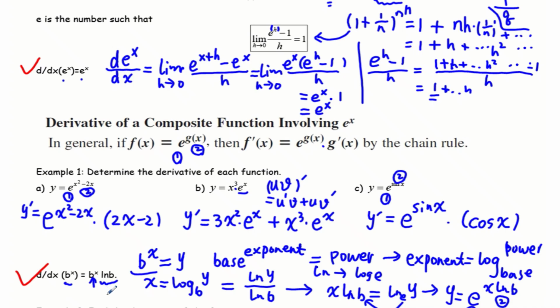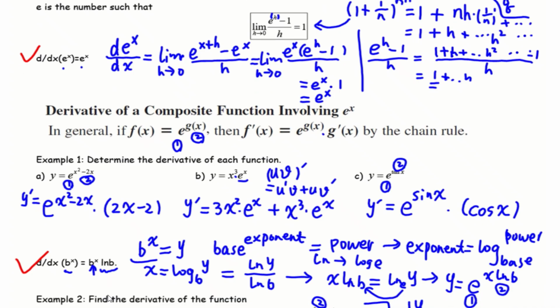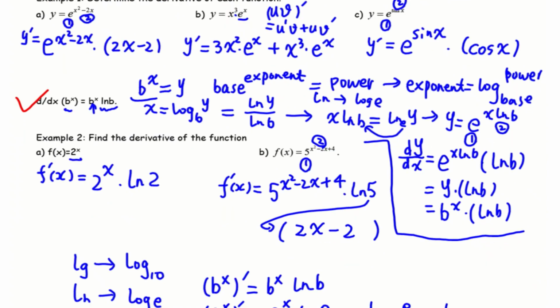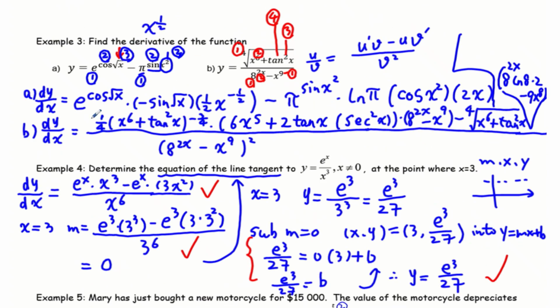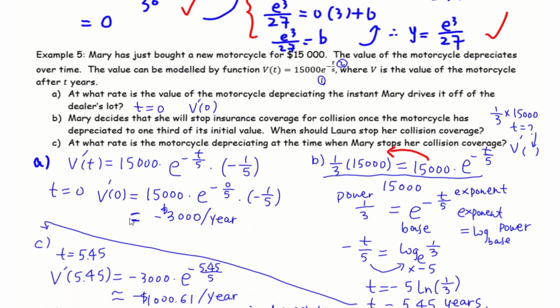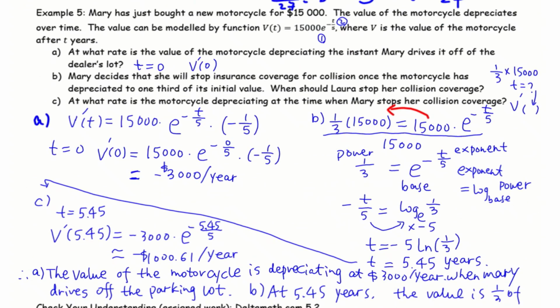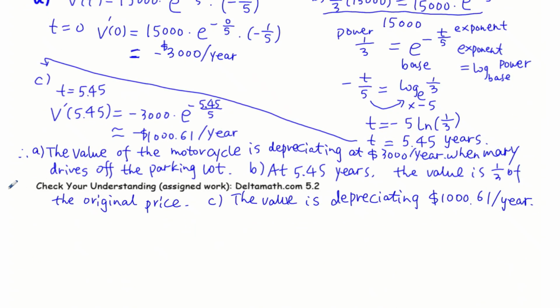Ln means log base e. After that, we used this derivative for exponential functions to find derivatives for composite functions, and we also found the equation of a line, finding m, x, y, then b, and we also did the application of car depreciation.